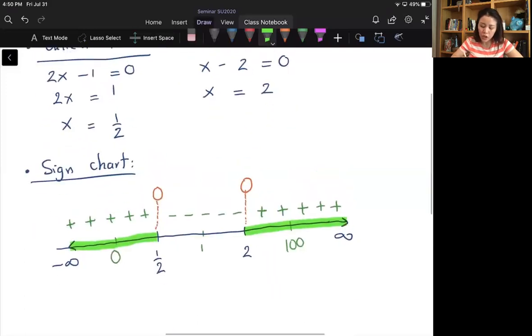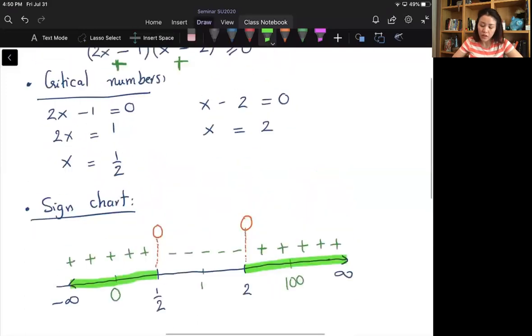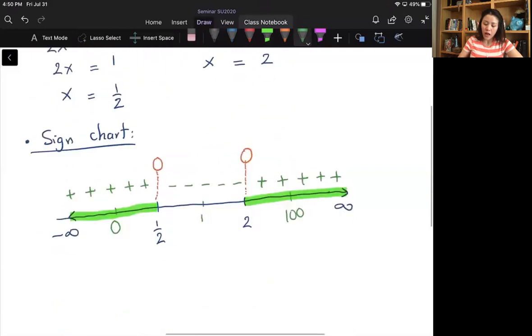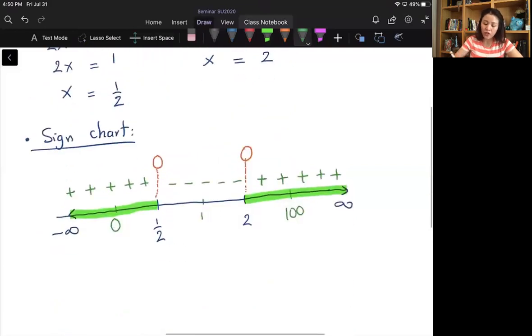Am I allowed to include the 2 endpoints, 1/2 and 2? Yes, I am, because it says greater or equal to 0. So I'm allowed to include 1/2 and 2. So that means I'm going to have a bracket here and a bracket here.